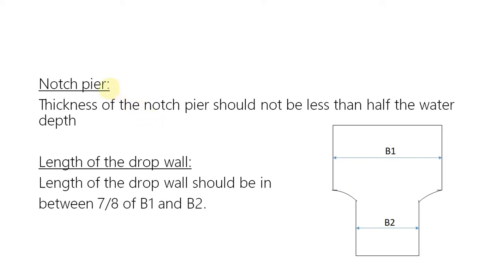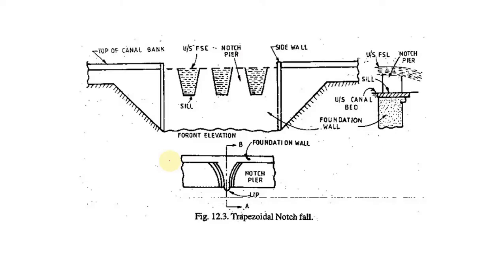Next, the notch pier. In between the notches there is one column-like structure, which is also trapezoidal in shape. This is the notch pier. Generally it does not take any load except the water thrust.